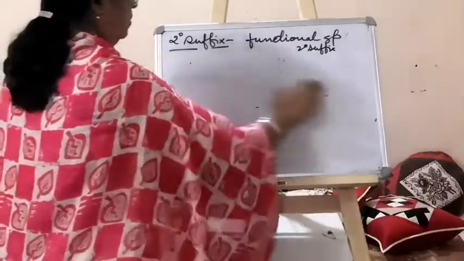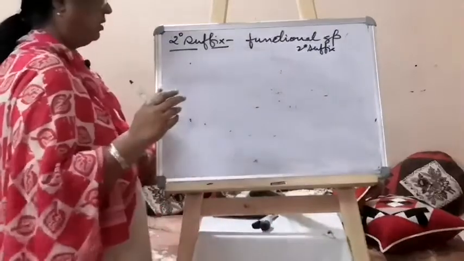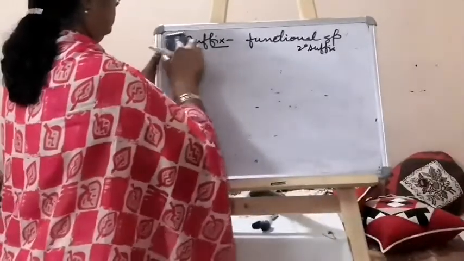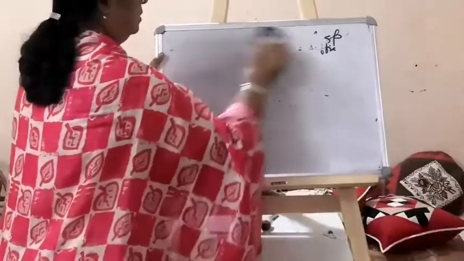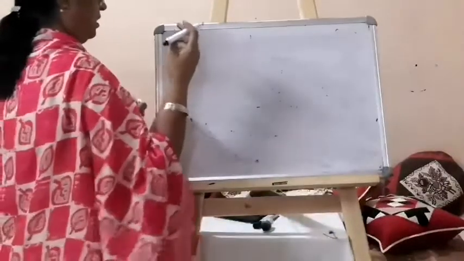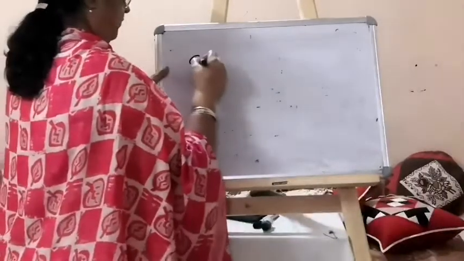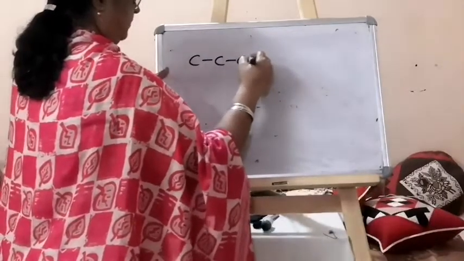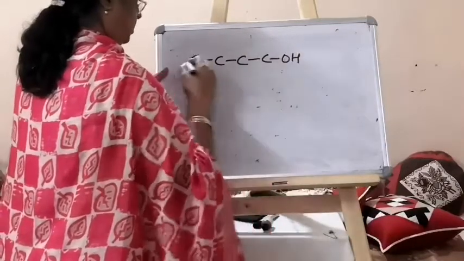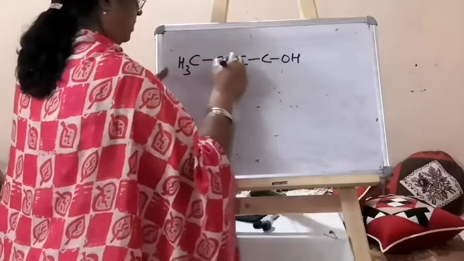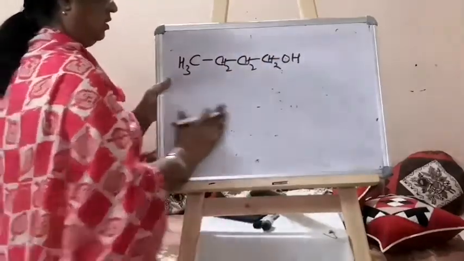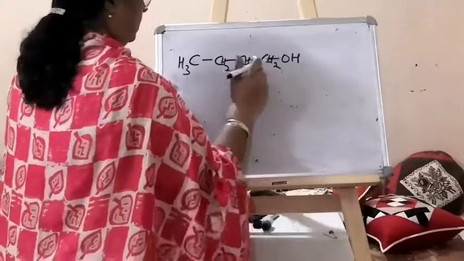Okay, now we'll come to the next example, which we'll do for secondary suffix. Suppose you have 1, 2, 3 and 4 carbons, and here one OH is attached: CH3, CH2, CH2, CH2. So what is the root word?